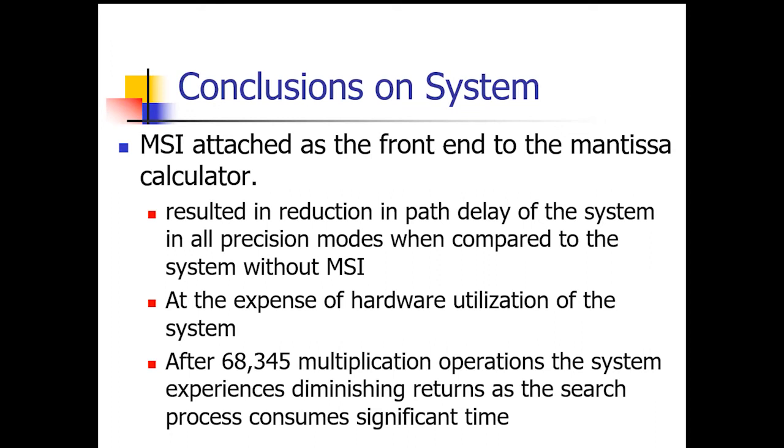So after a certain amount of multiplication operations, we realized that the bulk of the path delay is spent in the search operation, compared to just the multiplication operation alone, and therefore it starts to impact the overall path delay.